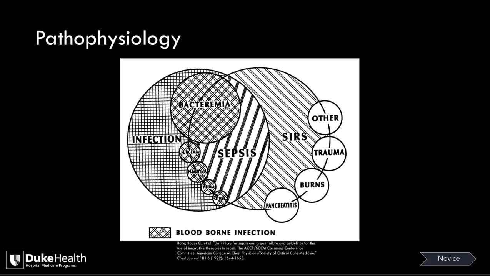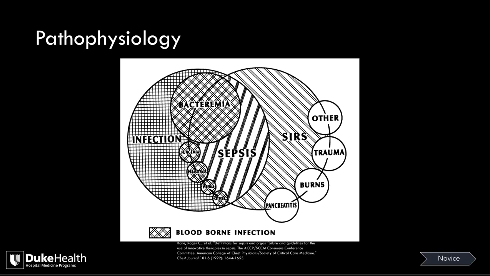I think that this is a pretty nice illustration of the overlap between infection and systemic inflammatory response. Infection being related to a microbe and systemic inflammatory response being the host response to that infection. It's not until these two overlap that we get the clinical syndrome of sepsis.